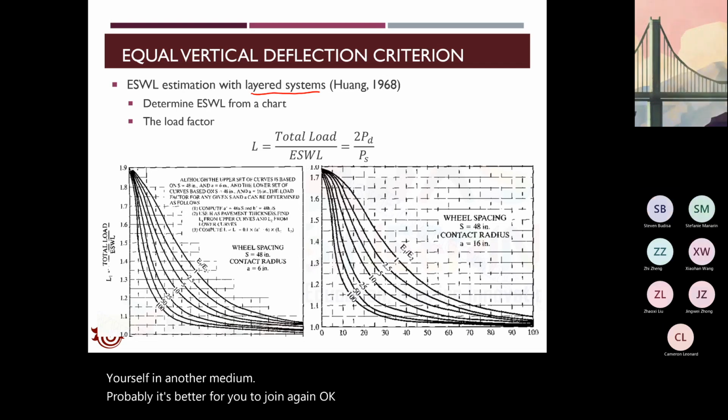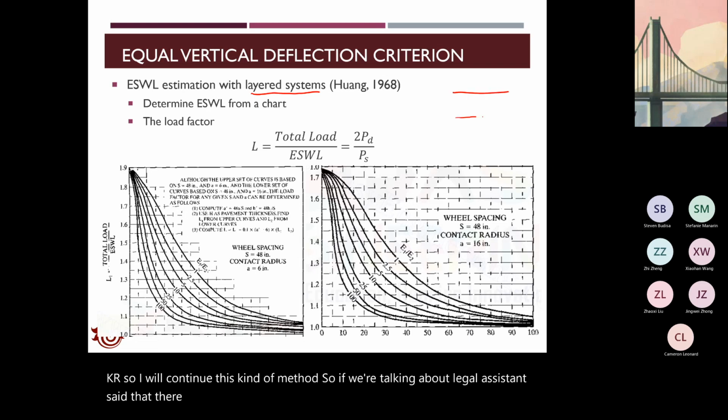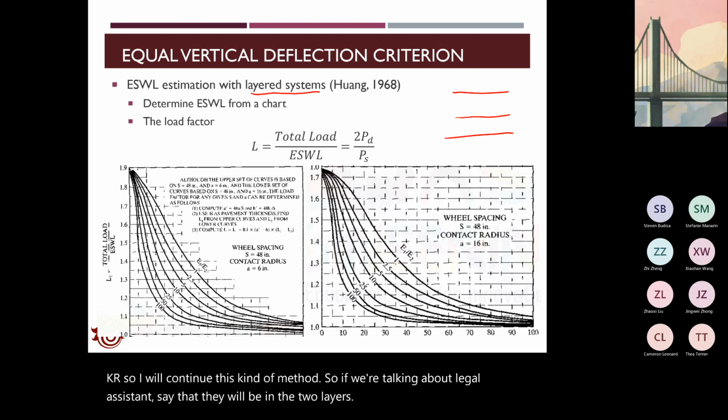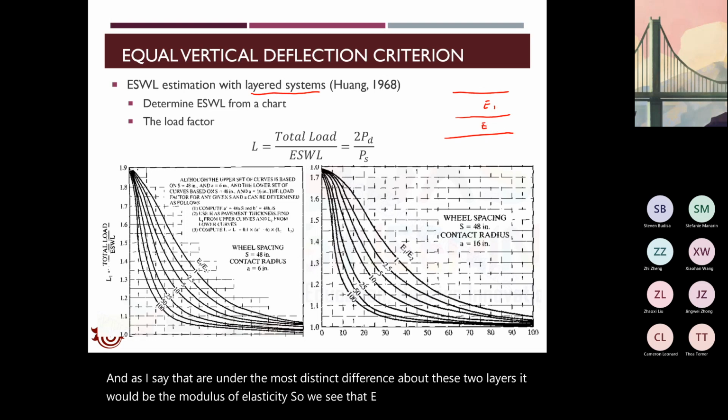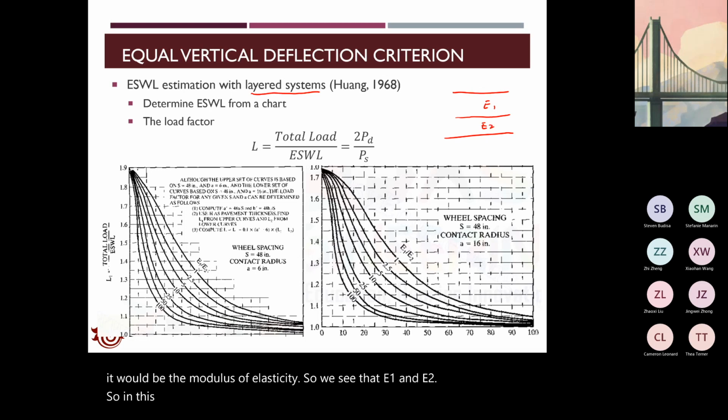Okay. So I'll continue with this method. If we are talking about a layered system, say there are 2 layers, one of the most distinct differences between these 2 layers would be the modulus of elasticity. So we say E1 and E2. In this situation, we cannot use the equations in the previous methods.